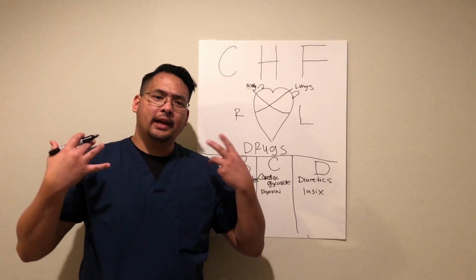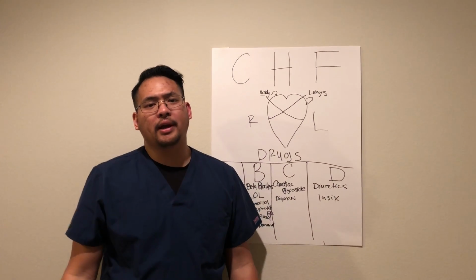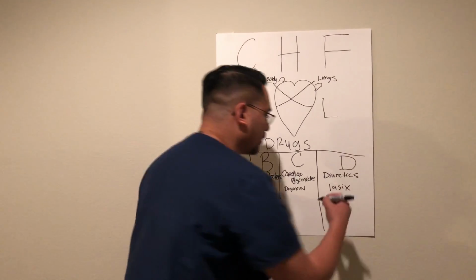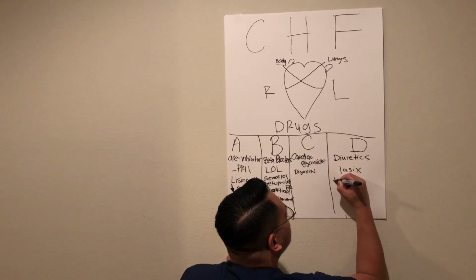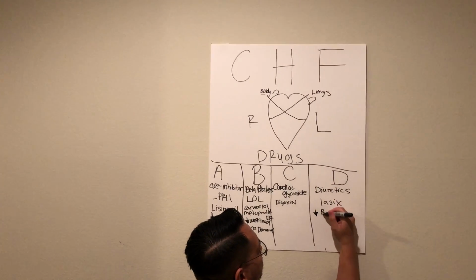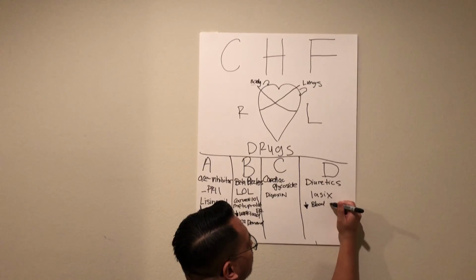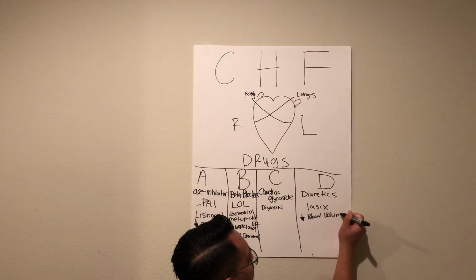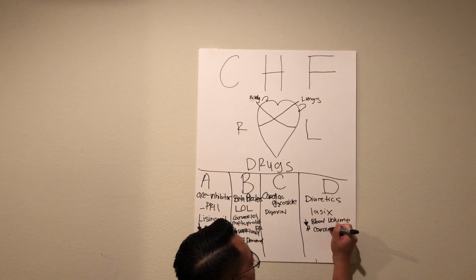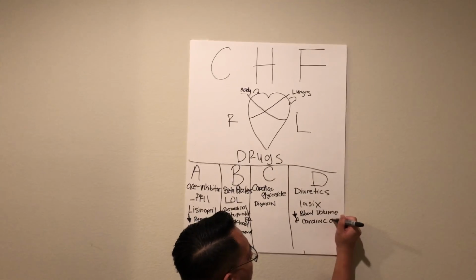Diuretics try to get rid of the excess water, the excess fluid, through urine. It lowers blood volume. Okay. It also increases cardiac output.